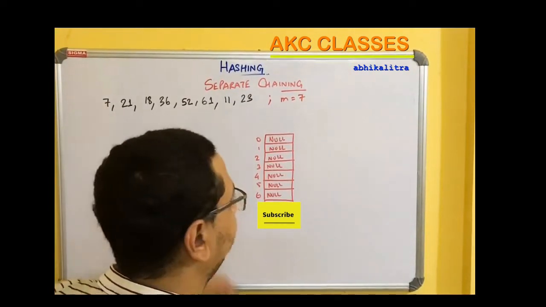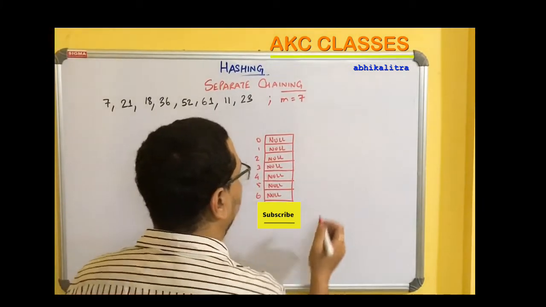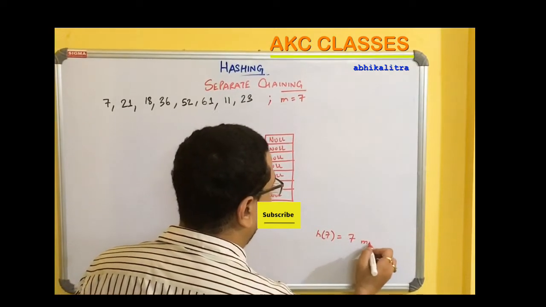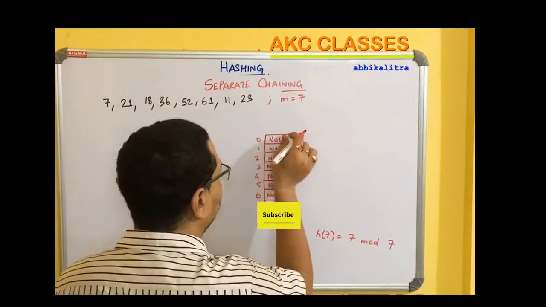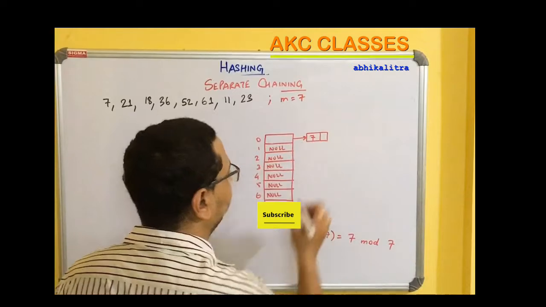We start with 7. I am following the division hash function, so h of 7 equals 7 mod 7, which is 0. The first node is created with 7.